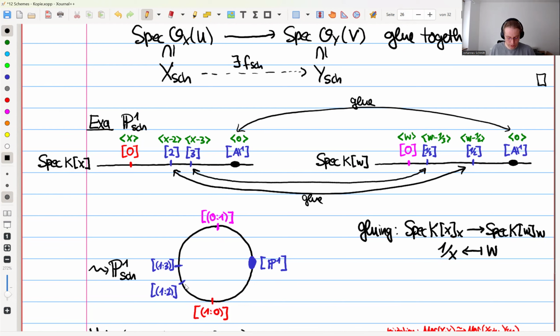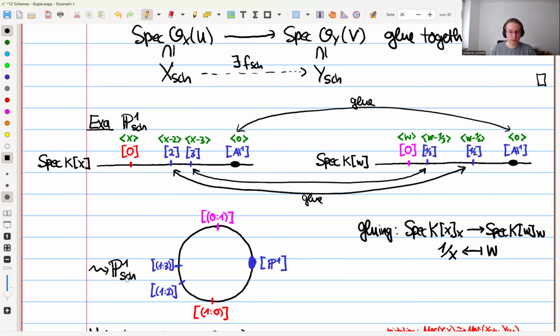So these are these blue points here. It also has 1 point, which is the glued together thing from this generic point and this generic point. And then it has these 2 special points, the red one and the pink one, which become the 0 and the infinity point of this P1.